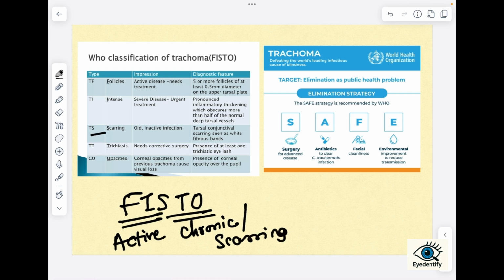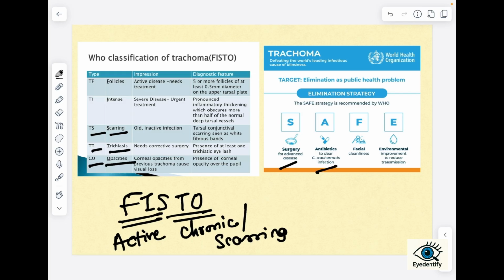Because S is also scarring, T means trichiasis, and O means opacity. Trichiasis means inward bending of the eyelashes. S is surgery for advanced cases, which is the trichiasis.